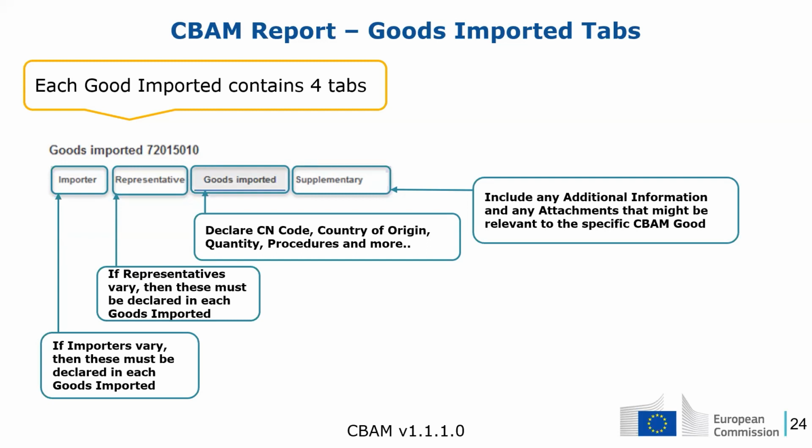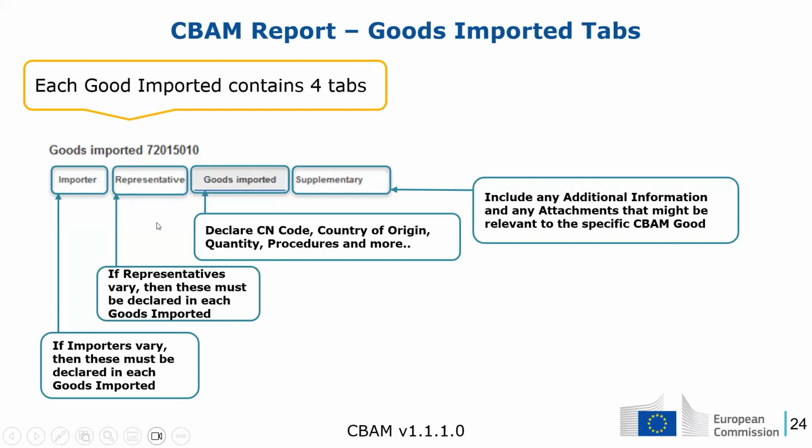As you can see, we have again the importer and the representative. So in case that we haven't declared the importer in the header level, which means that the importer is not common for all the goods that we have imported, we will have to declare the importer in each good entry. The same applies for the representative.